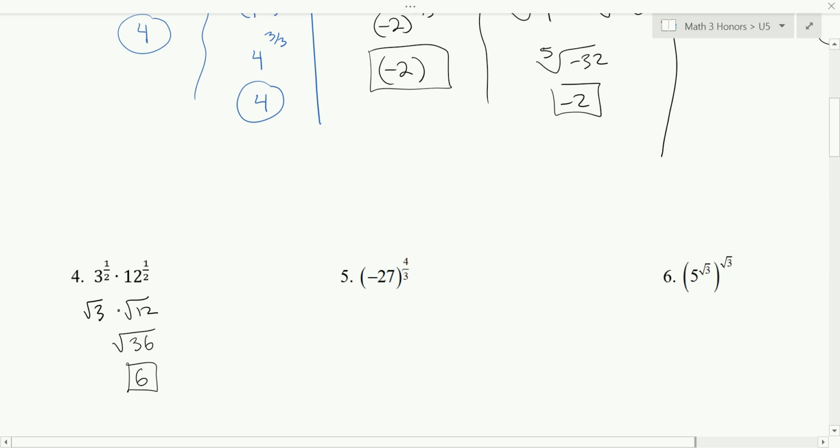Negative 27 to the 4/3 power. Go ahead and get an answer to that one.